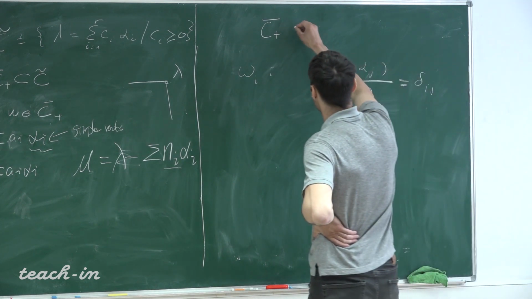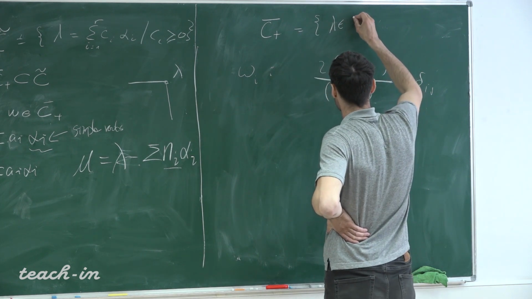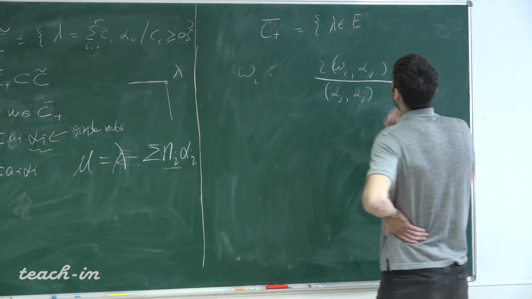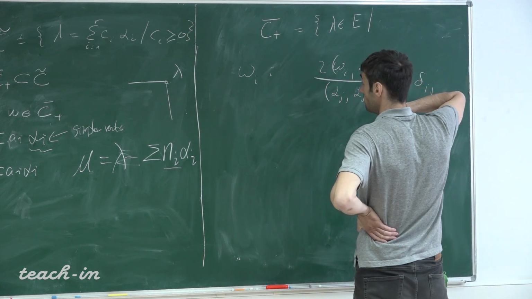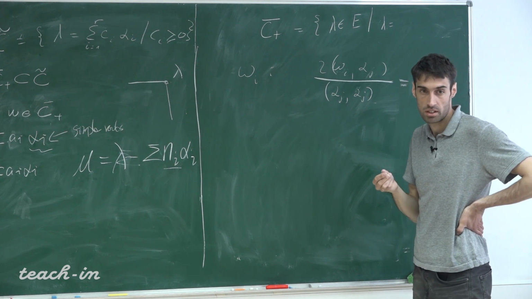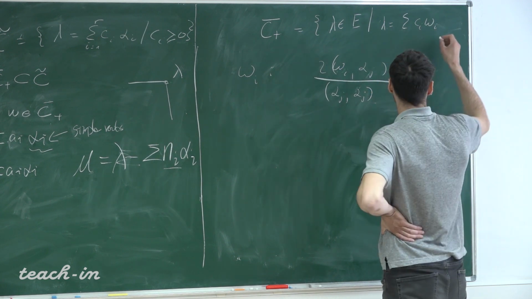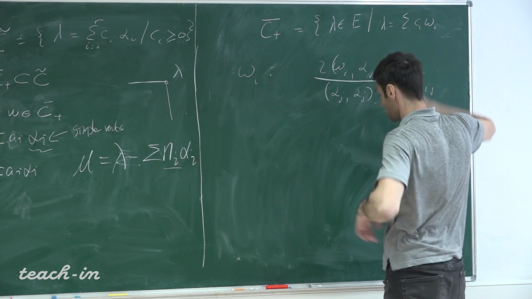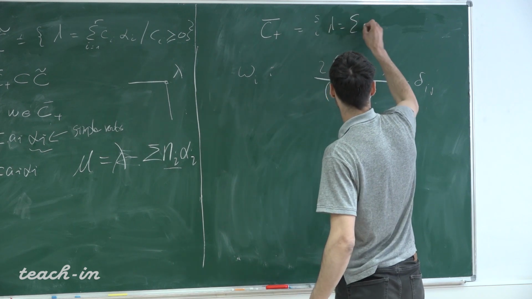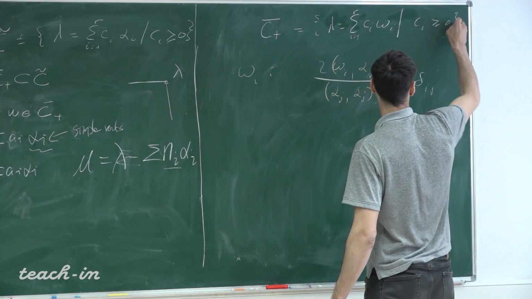Then C plus is actually all lambdas in H star R such that lambda, since the omega i's also give a basis, can again be decomposed like this: lambda is the sum of ci omega i from 1 to r, such that ci is greater than or equal to 0.